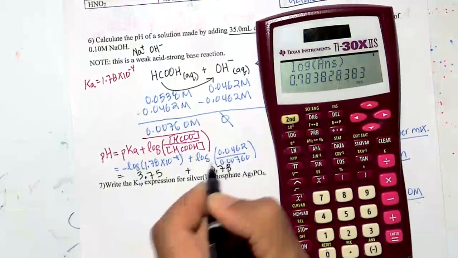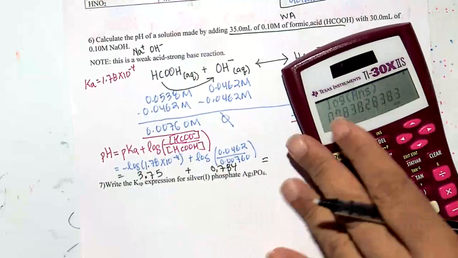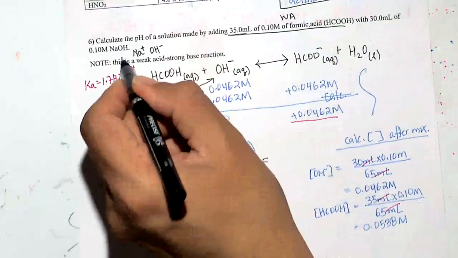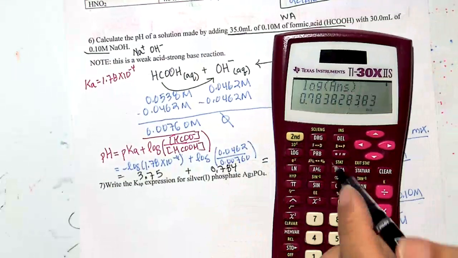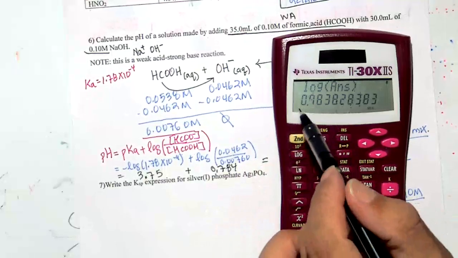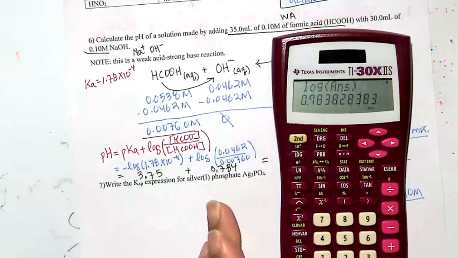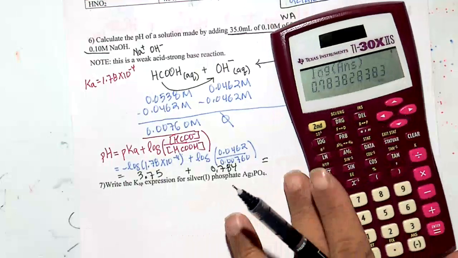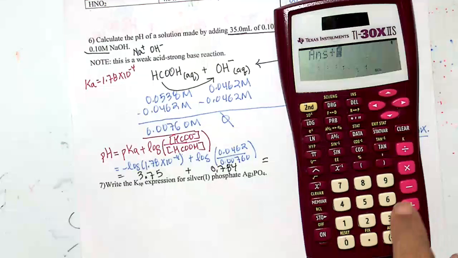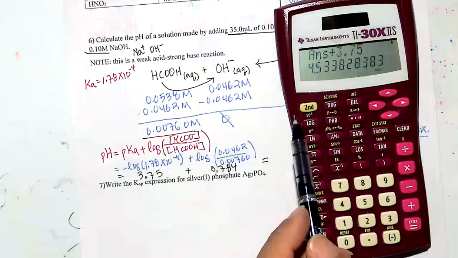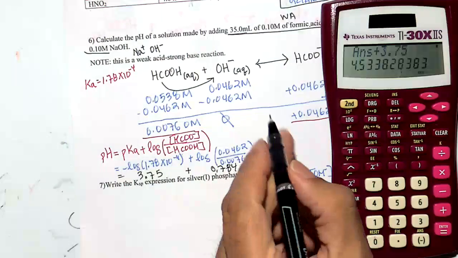Not a big deal. We'll put this to 3 sig figs, though I'm not a stickler for that on the exam. You don't need to write all digits on the test. 3 sig figs or 2 decimal places should be enough. So 0.784 plus 3.75, I'm getting about 4.53. So this should be our answer.